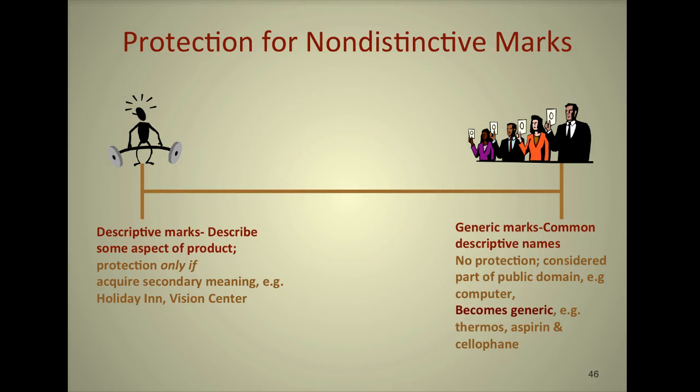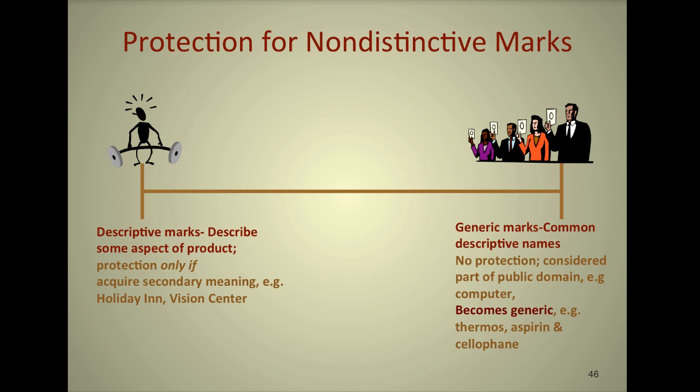The examples I've posted here for generic terms are thermos, which used to be a company that manufactured thermos bottles, but they didn't protect the name, so it became generic. Aspirin, the same thing, used to be a company that made it and it became generic. Cellophane, same thing. The image that I have there is of people basically rating the mark 0, which means that there's no protection. That's why I have that image there.